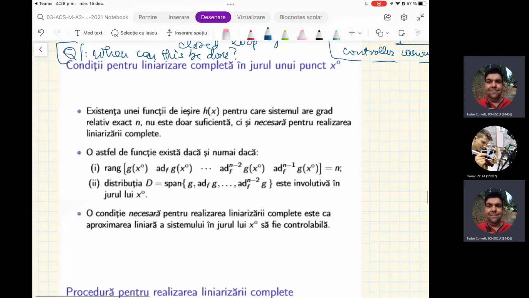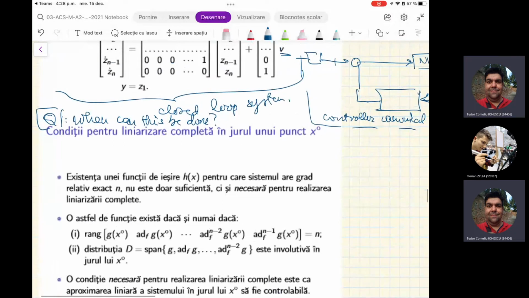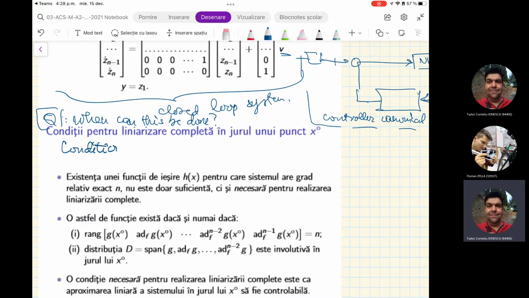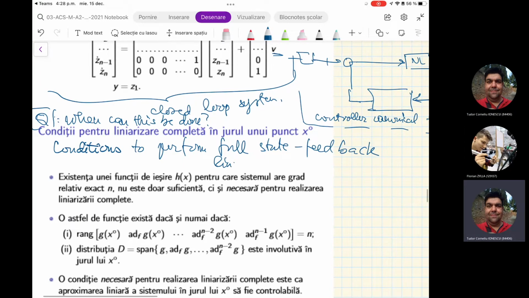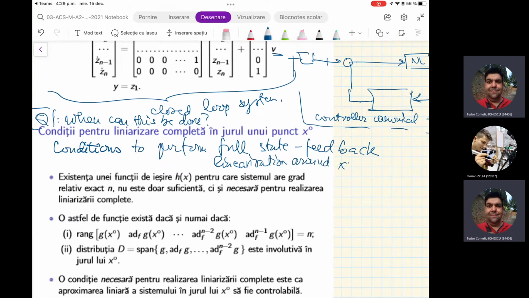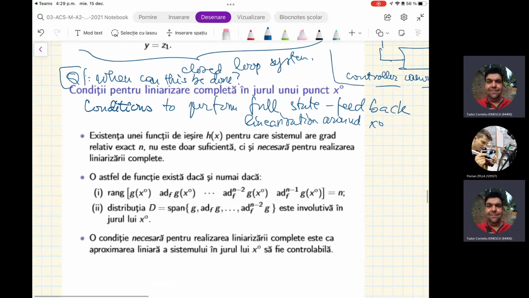Now we have conditions to perform full state feedback linearization around a point called x0.